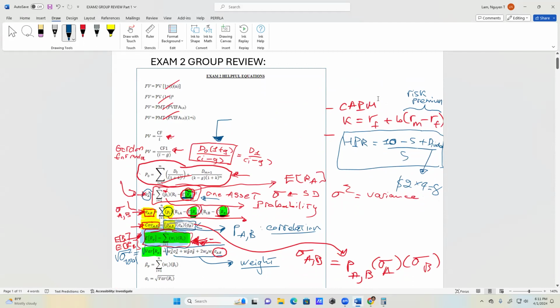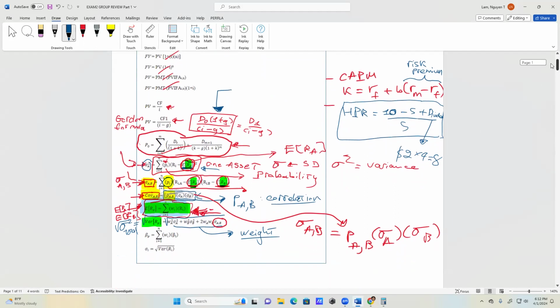Watch out for that risk premium, and holding period return is not included. I also think the dividend, they didn't include D0 multiplied by 1 plus g. They didn't include that, so watch out: if the dividend is paid today, then you have to remember that.